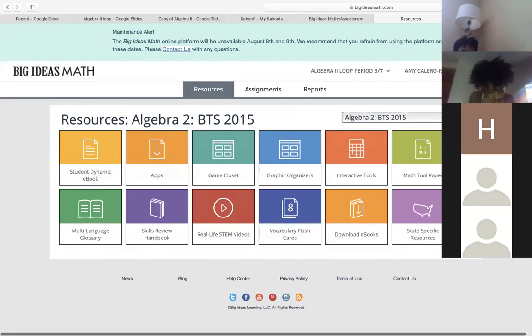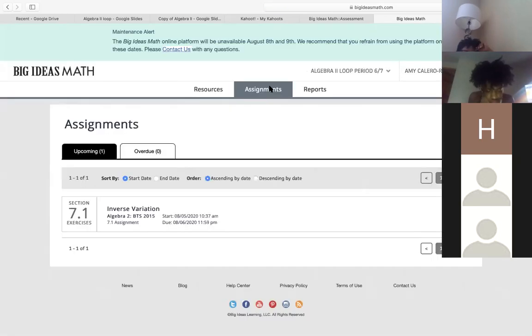Anyone having trouble? Once you have logged in, click the tab that says assignments at the top. You should see your first assignment for Big Ideas Math, it's 7.1. Does anyone not see an assignment?